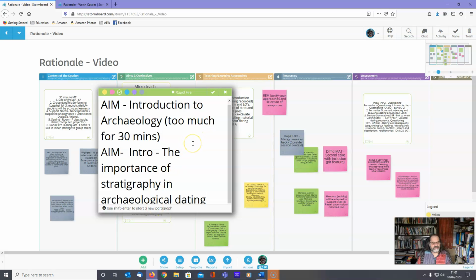Understand. I don't like "understand". I would like to have something like explain or outline, but that's up to you. What really matters with your learning is that your aim is the whole thing. The learning outcomes and objectives are how you're going to achieve that.